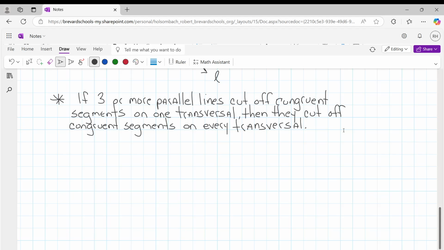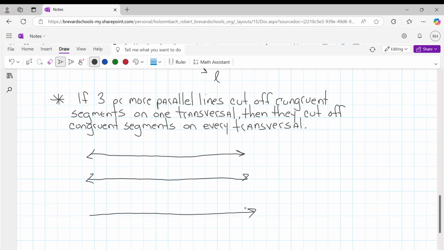So the first thing we would need drawn in the diagram is three parallel lines. All right, and we're going to call these three parallel lines. That bottom line's a bad example. Let me get that closer.